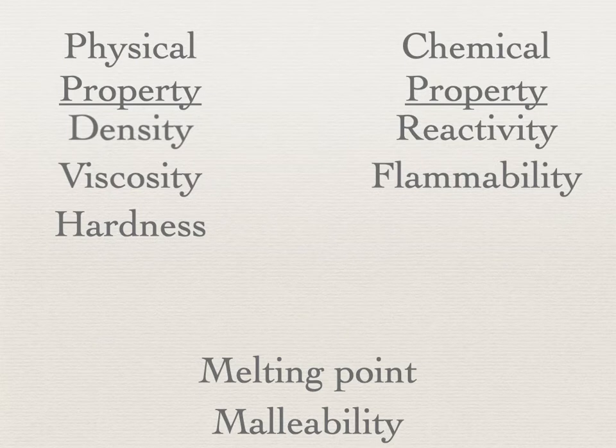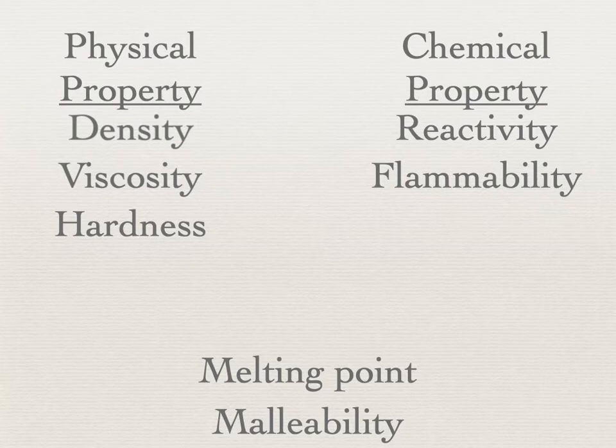Melting point. This one's a tricky one for a lot of people. You are converting something from a solid to a liquid. We want to think about whether that's a physical property or a chemical property. Well, if you have solid ice, the chemical formula is H2O, and if we apply heat to that and melt it, we have liquid water.